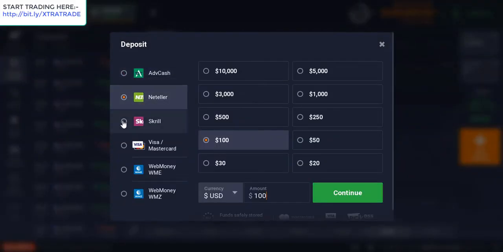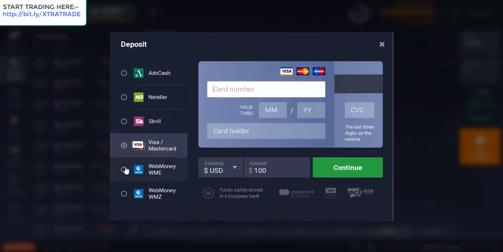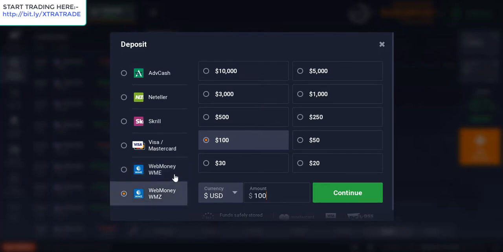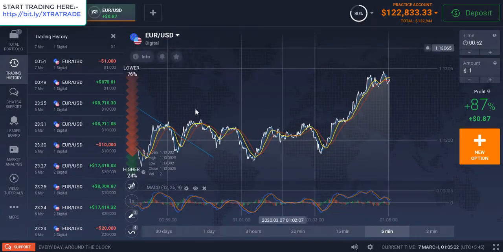You can deposit by Neteller, AdvCash, Skrill, Visa, WebMoney, and you can just choose the amount, how much you want to invest. Of course, it's all in USD, but you can also change it to whatever else you like.